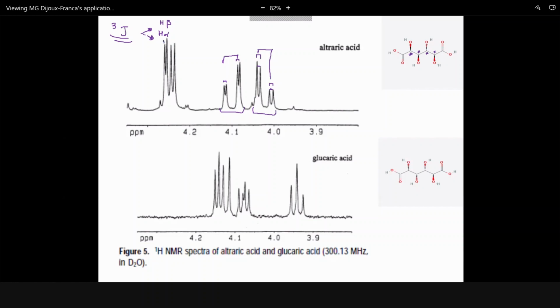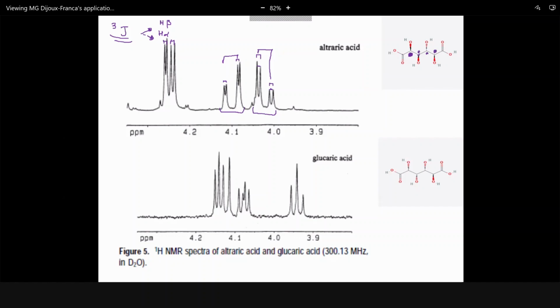And here you have a doublet and another doublet. And if you check this proton here, you have no neighbouring proton, you have only one here. So this will be a doublet.